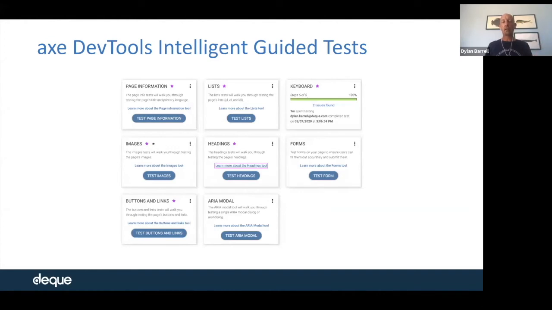And there's one newer tool that we've introduced to this organization and to the world right now that takes that even a level further. Axe DevTools is one of our products, and it has a feature called Intelligent Guided Tests. What Intelligent Guided Tests do is they take the categories of success criteria that are either very common and result in a lot of issues, or are very difficult, and they provide kind of like TurboTax for accessibility: little wizards that the developers and the testers can walk through that'll ask them questions.